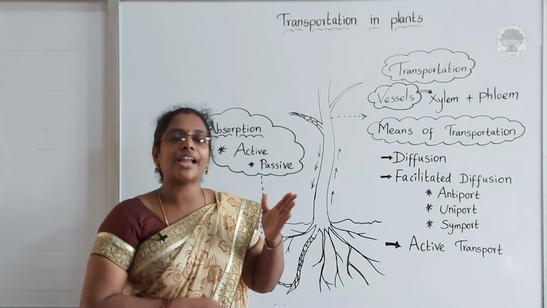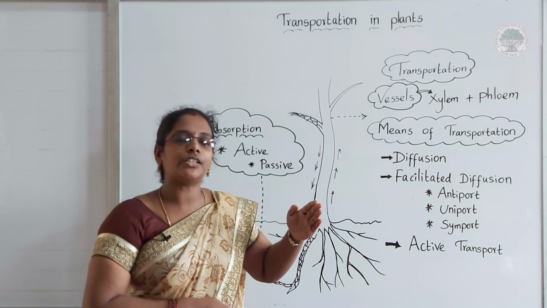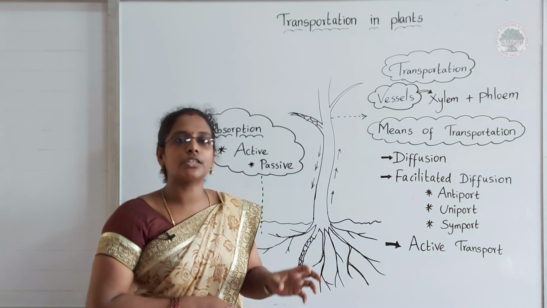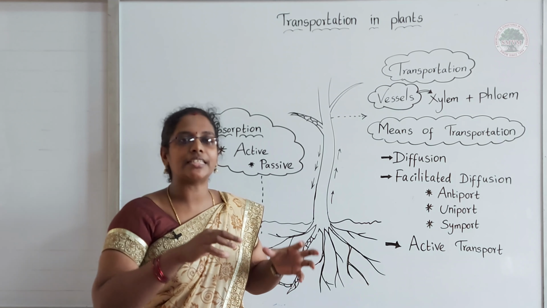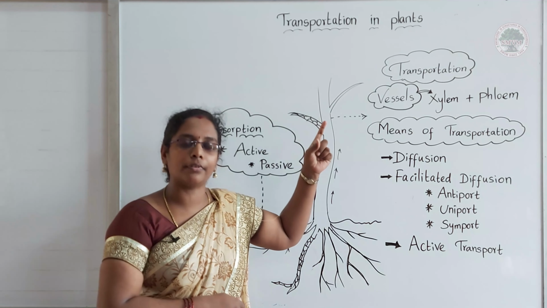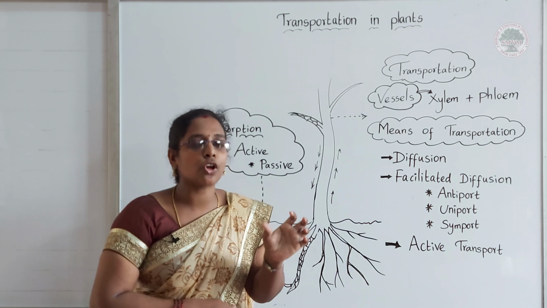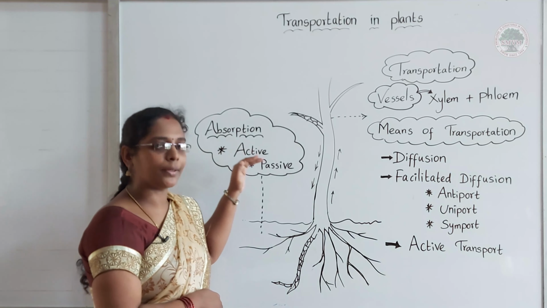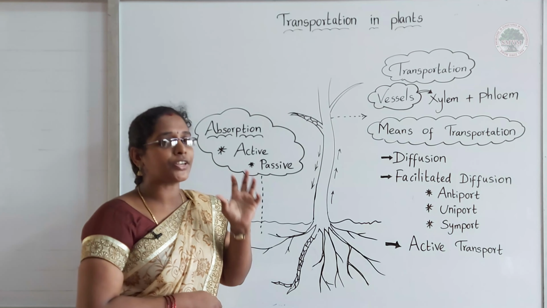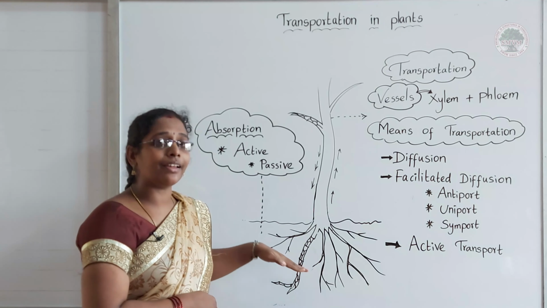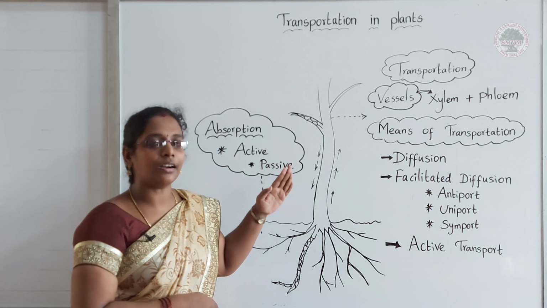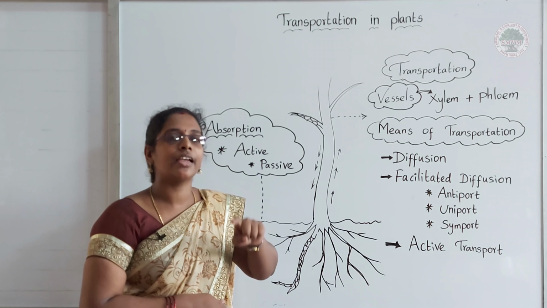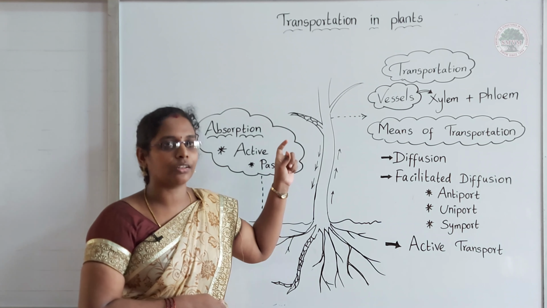Because of transpiration, the leaf loses water molecules. As a result, a slight pressure starts to form at the top, in the cells of the mesophyll. In active absorption, the pressure starts in the root cell, but in passive absorption, the pressure starts in the mesophyll.